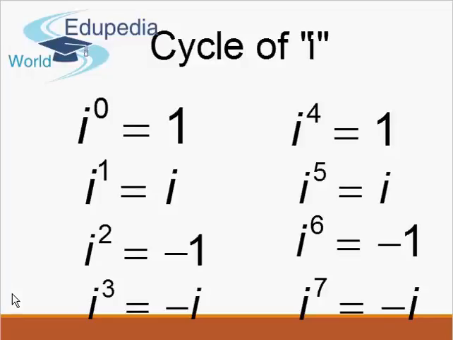So over here we'll perform it in a similar fashion. i cubed would be i to the power of 1 multiplied by i squared, which becomes i raised to the power of 1 plus 2, that is i cubed. So what is negative 1 multiplied by i? That would give you negative i. This is pretty straightforward. All you have to do is break it down into these two, and then you're going to get this.